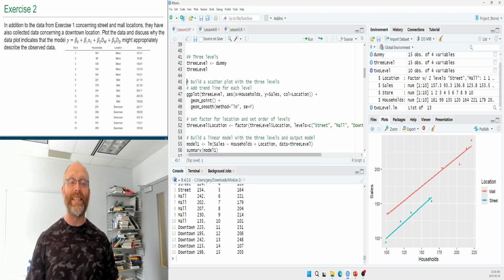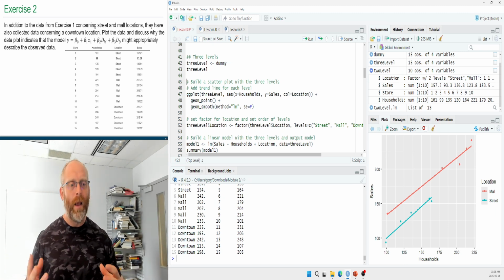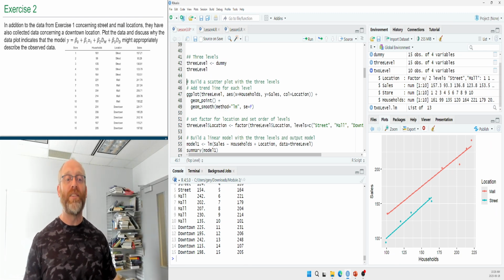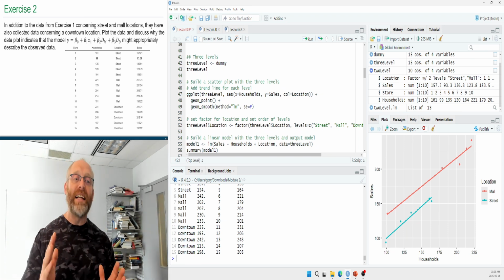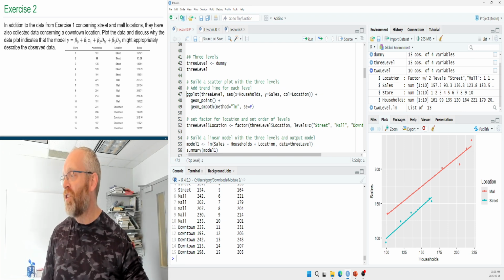So that was what we did last time. We wanted to plot the data, so we do a scatter plot. On top of that scatter plot, we color our dots based upon the level of the categorical variable, and then we do a line of best fit. Do we have those three parallel lines with different intercepts? So using ggplot, we'll do this.